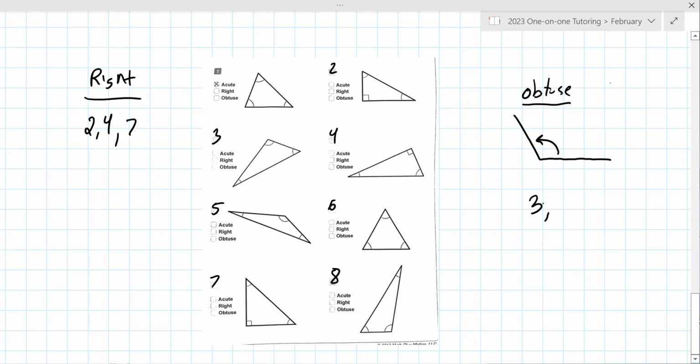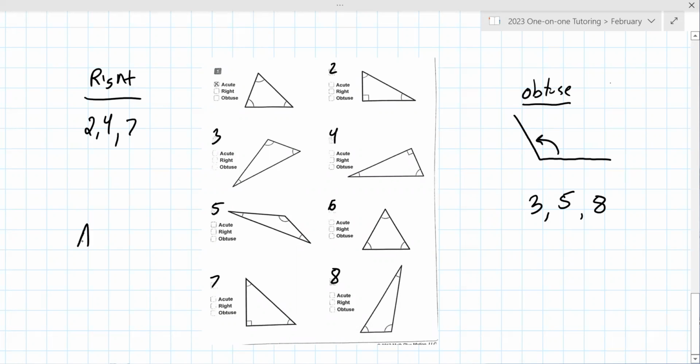Okay. 5, good. And 8. 8, yeah. It would be good if you could cut these out and rotate them to see the obtuse. Oh, you actually have this on paper, don't you? So I would rotate the paper until you could see that obtuse angle.